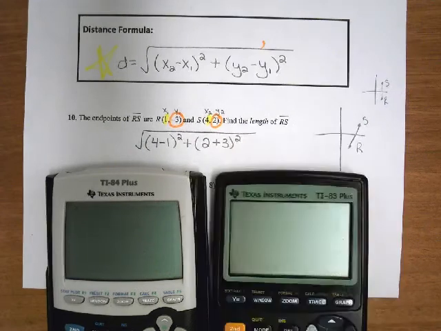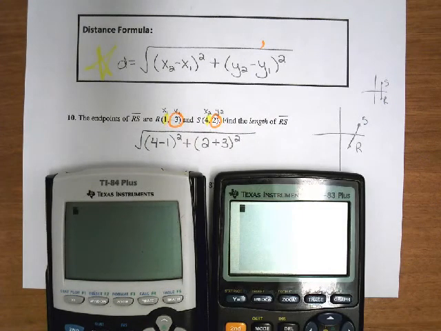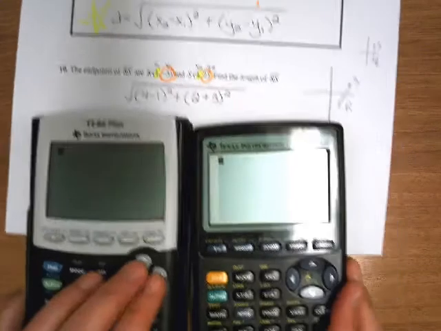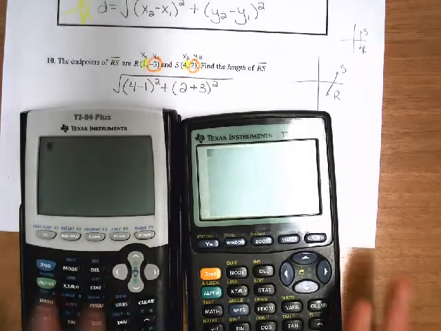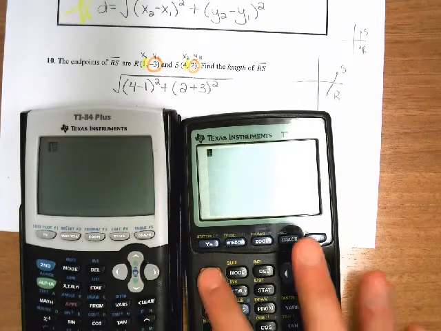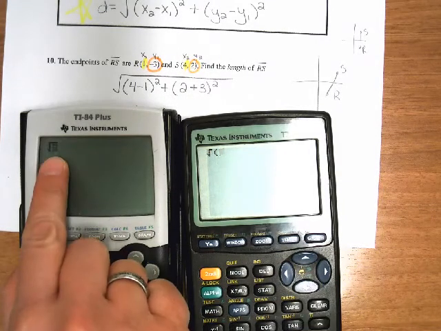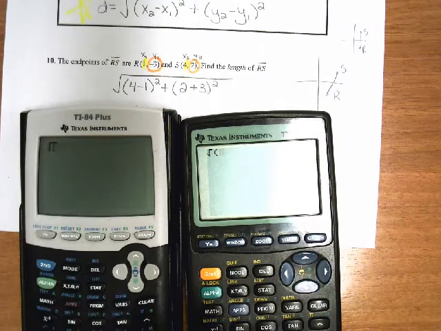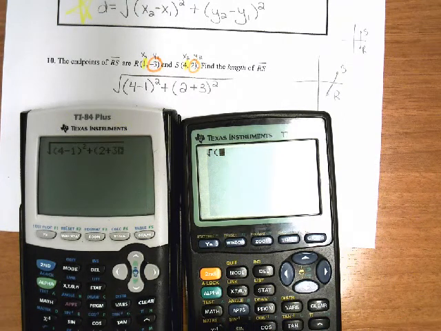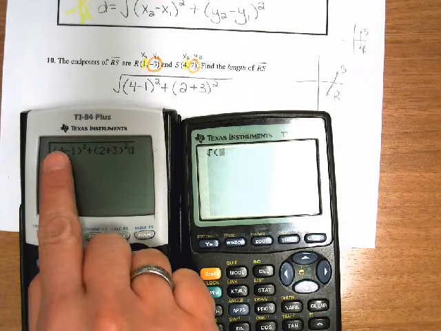Now, if you have a graphing calculator, depending on the model of your graphing calculator, you're going to need to be really careful, because if I show you these two different calculators, the square root behaves a little differently. Just trying to position it so there's not a huge glare. So do you see how this square root, the bar will continue?